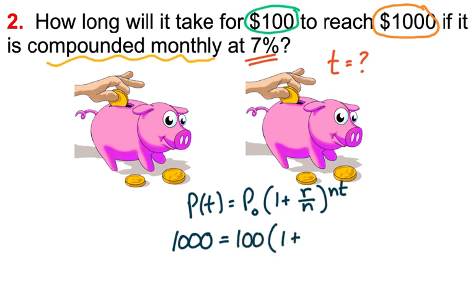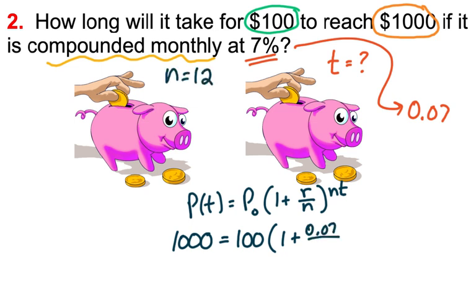And I've got 1 plus, the interest rate is 7%. Remember how we would switch that to a decimal by saying 0.07. And this is monthly, which means compounding 12 times per year. So I'll put the 12 here. I'm going to raise to the 12 times t. Let me put the t in blue here.